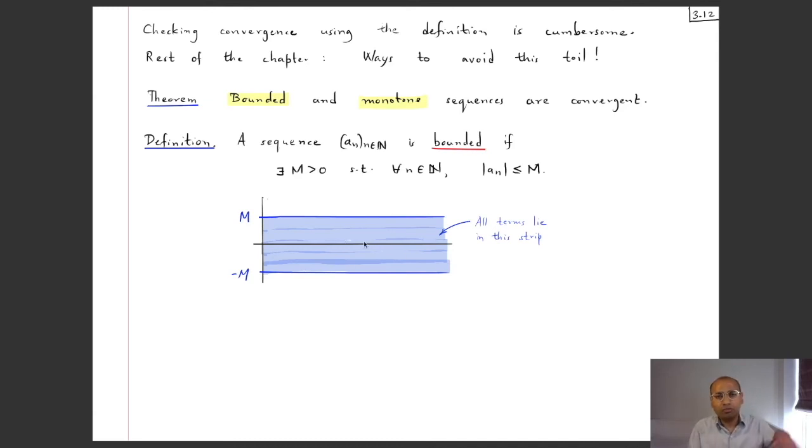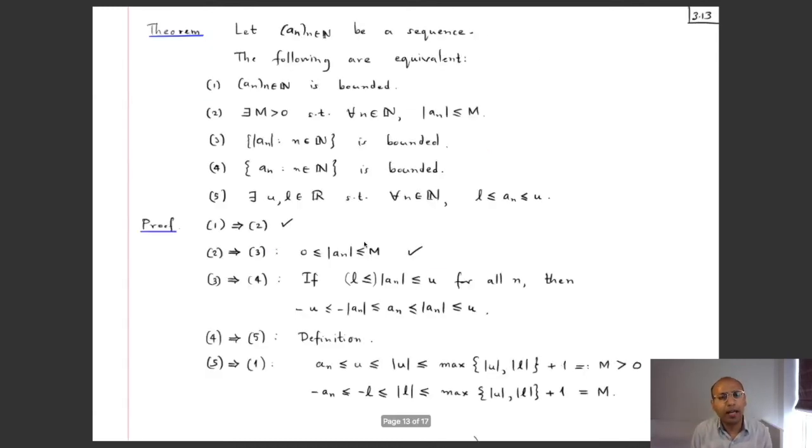Okay, so the sequence is bounded, and let's show some equivalent statements. Here is a useful theorem, which says that bounded means one and the same as any of the following sentences. So let a_n be a sequence, then the following are equivalent.